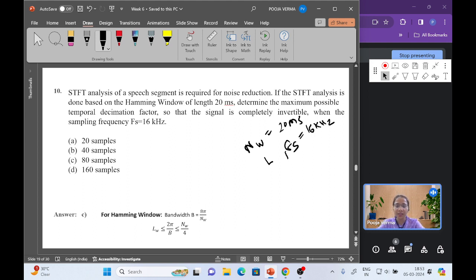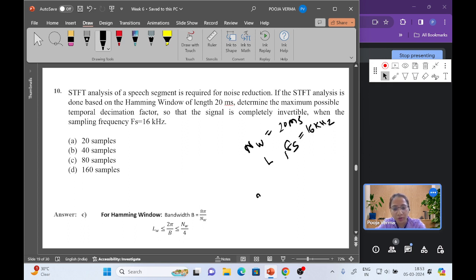So how will we get the decimation factor? You already know that the bandwidth for a Hamming window is 8 pi divided by the length of the window function NW, and the decimation factor L must be less than or equal to 2 pi by the bandwidth.